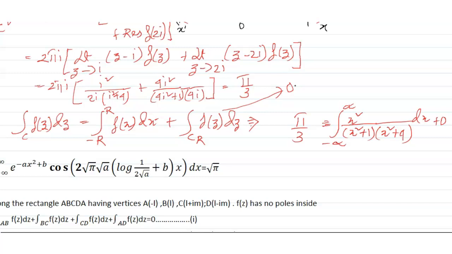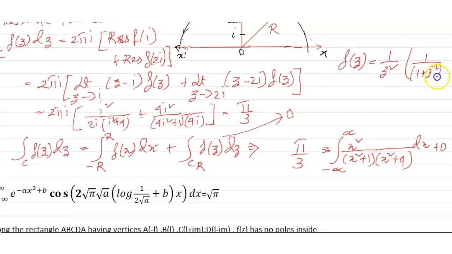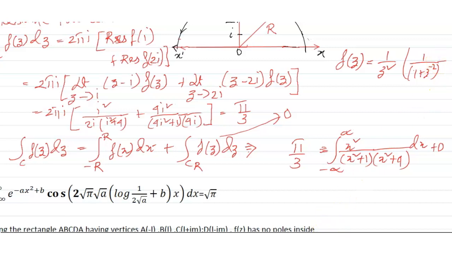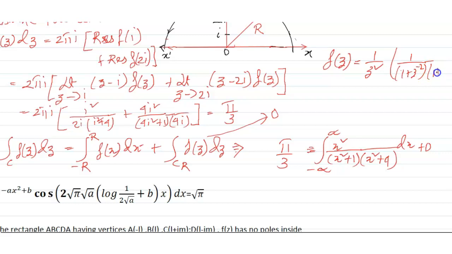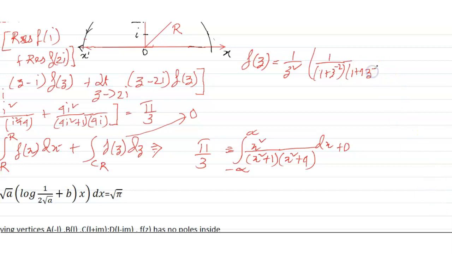How do I get that this value is 0? Because f(z) equals 1 by z squared, that is 1 by (1 plus z to the power minus 2)(1 plus 4 z to the power minus 2).